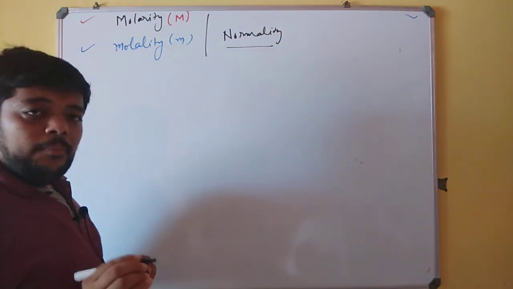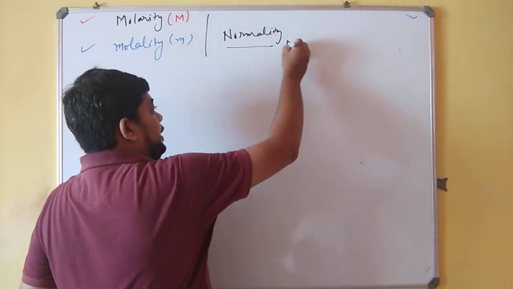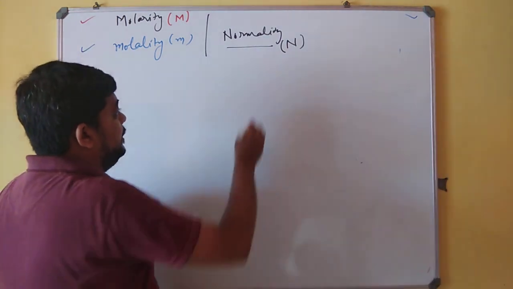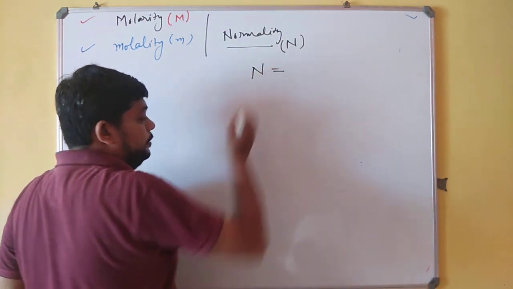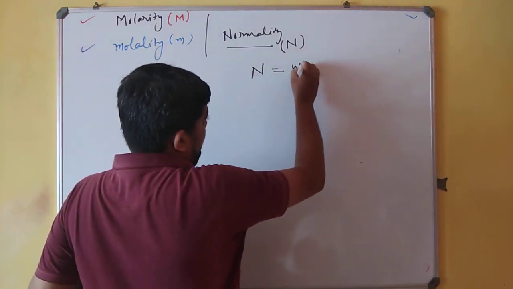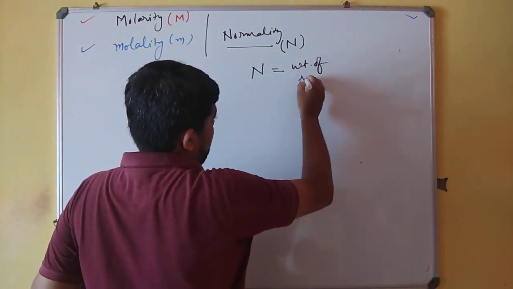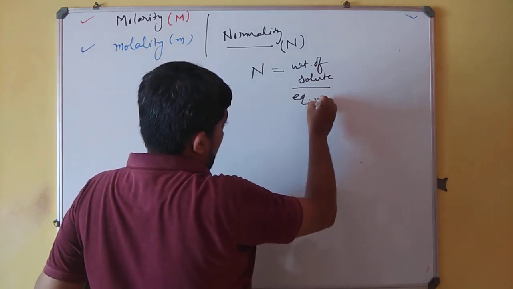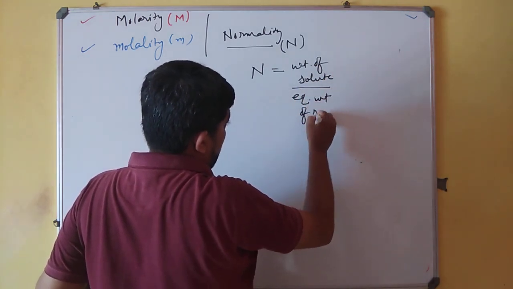So over here today our prime discussion will be initially about normality. Normality is generally indicated by N, and the formula that can be utilized to calculate the normality of a solution, that is the concentration of the solution, involves weight of solute divided by equivalent weight of solute. Now this is the change.